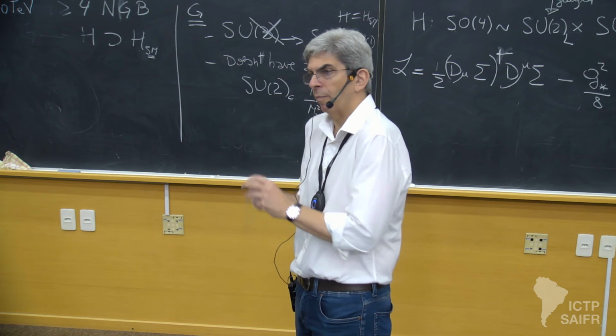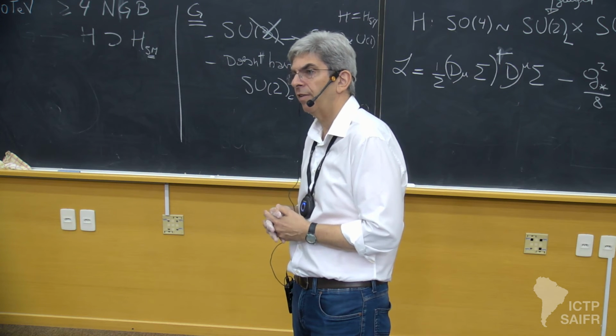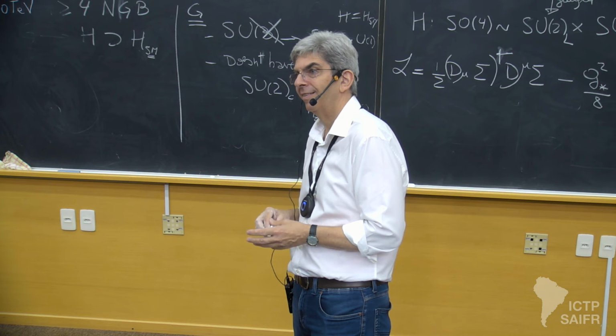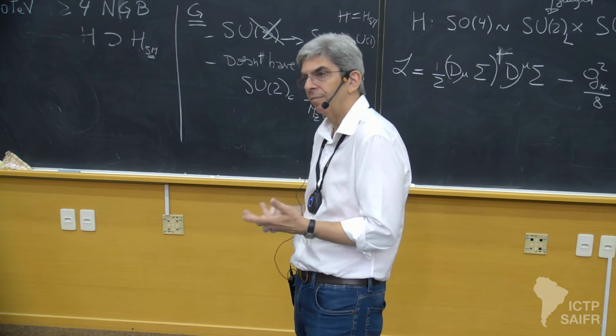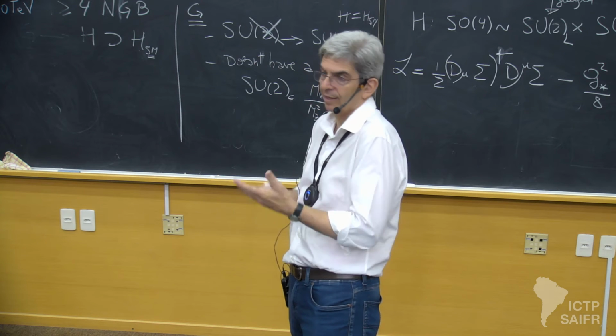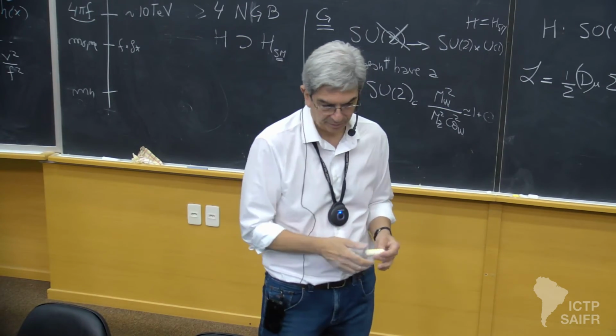But if you want to reproduce the experimental values instead of the symmetries, you can do that. It's very dangerous. Yeah, I know that. Because you always get tree-level corrections that you have to suppress by some specific mechanism, like a Z2 symmetry or something.